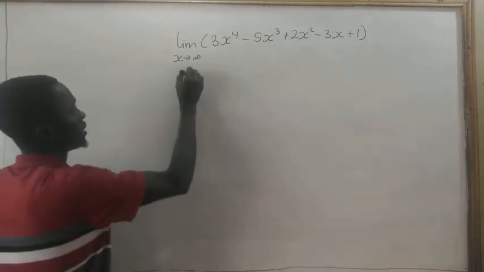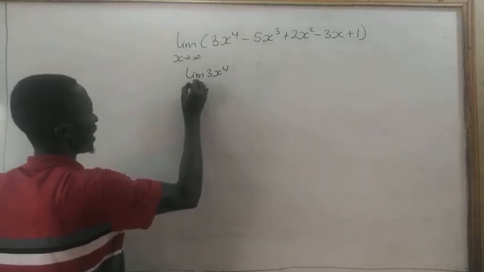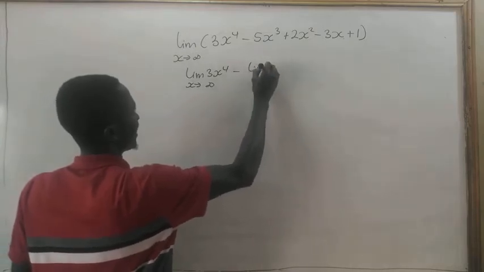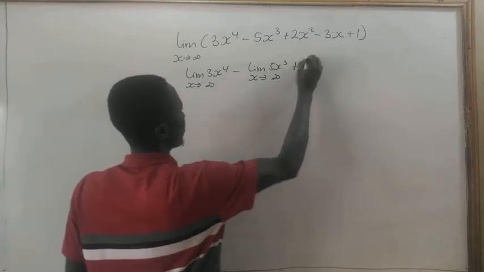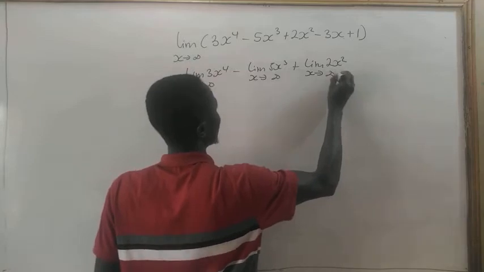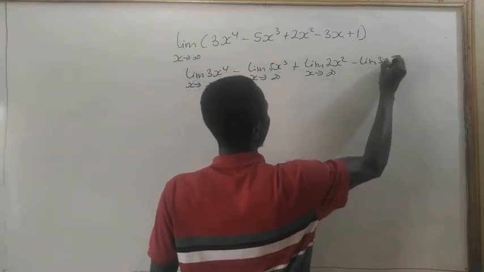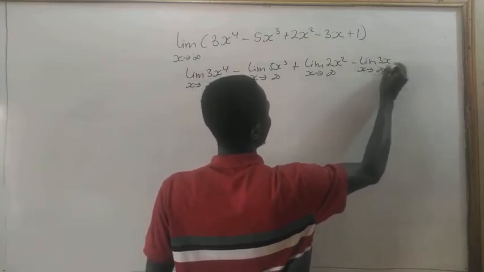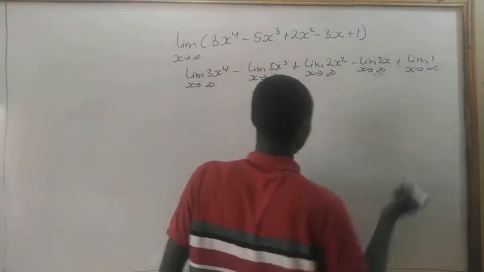This will be the limit of 3x to the power 4 as x approaches infinity, minus the limit of 5x to the power 3 as x approaches infinity, plus the limit of 2x squared as x approaches infinity, minus the limit of 3x as x approaches infinity, plus the limit of 1 as x approaches infinity.